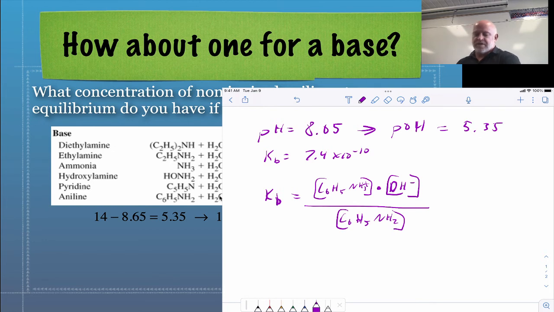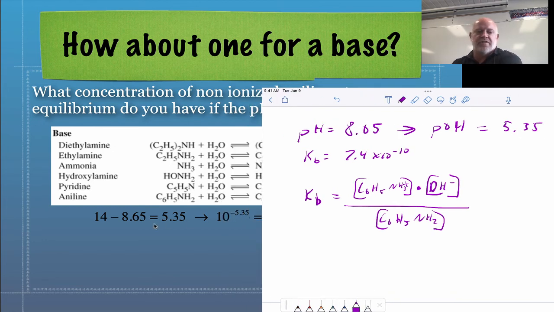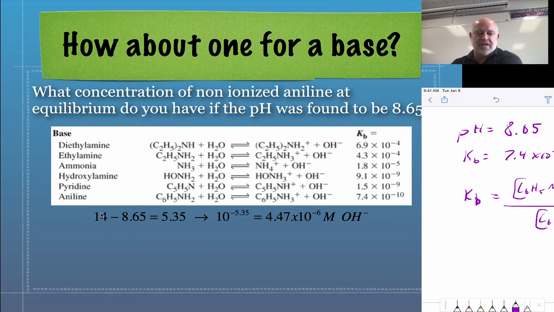All right. And then, like we see on the screen here, the first thing that we're going to do is take 14 minus 8.65 to get our pOH. Take that to the 10 to the negative 5.35 power to find the hydroxide ion concentration.